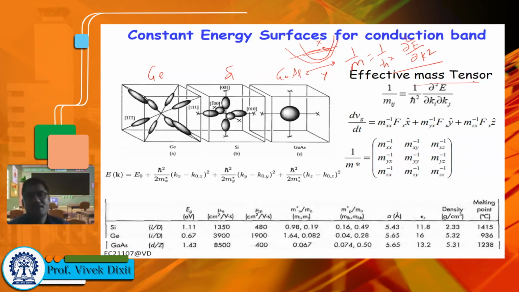so your effective mass is actually a tensor. Now how is it a tensor? The force is equal to m times acceleration, and acceleration is dv by dt. So let's say you apply a force in x direction.